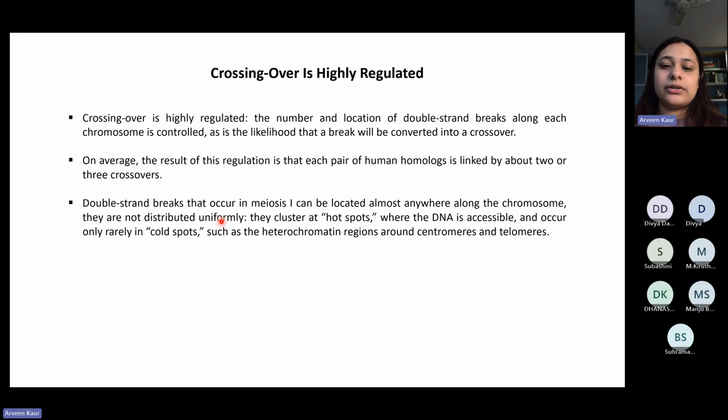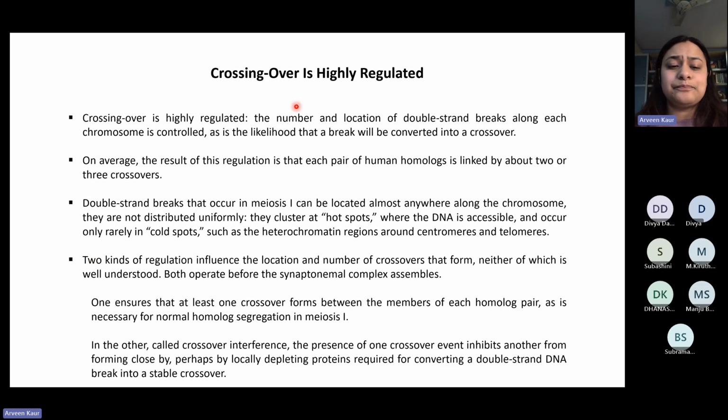So heterochromatin, I told you, is a region wherein DNA is not very accessible, right? So it is one of the cold spots. Also, centromere is another region wherein there is this physical connection that is occurring. So over there also it doesn't happen. And at the edges near telomeres also, usually double strand breaks don't occur, right? They usually occur at more DNA accessible regions, which are known as hotspots, right?